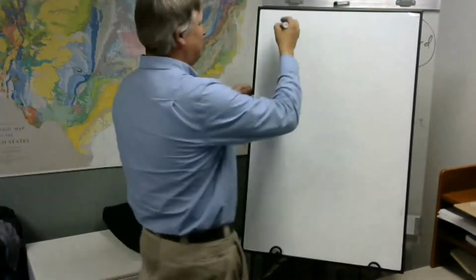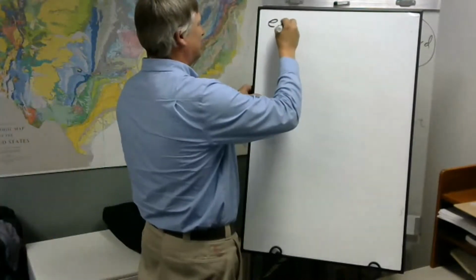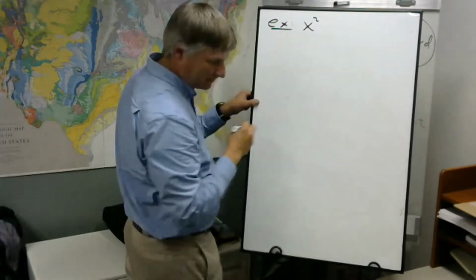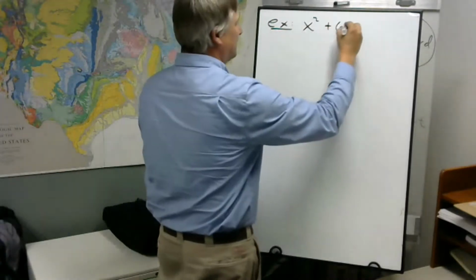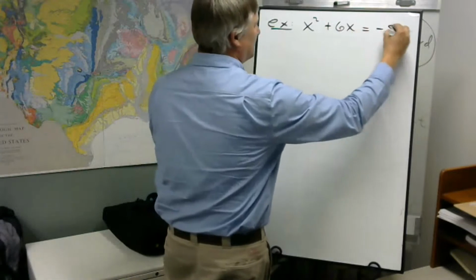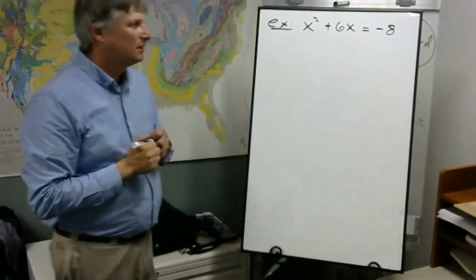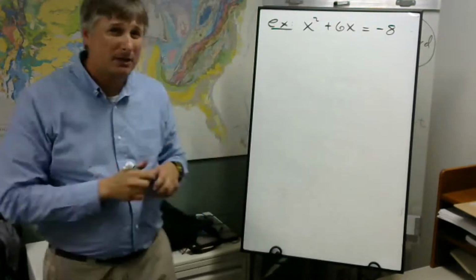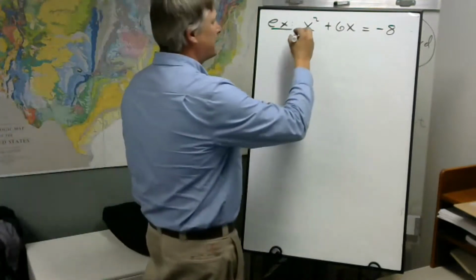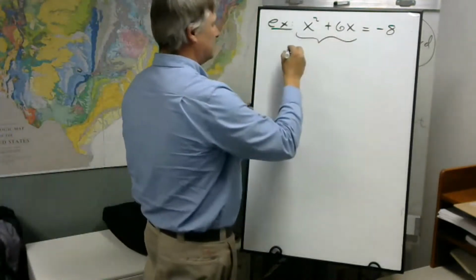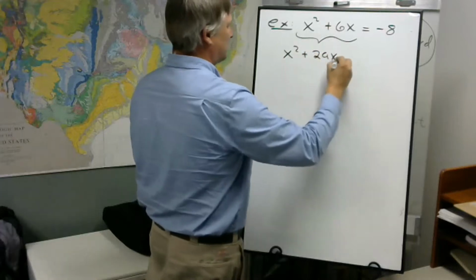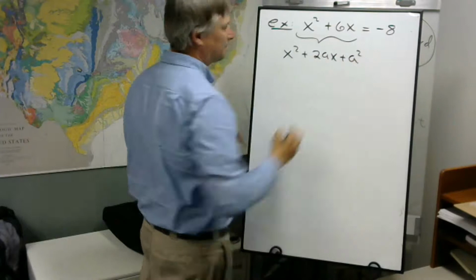So let's say we have this: x squared plus 6x equals negative 8. And we're going to complete the square. So what that means, we want to turn this into the form (x plus a) squared.